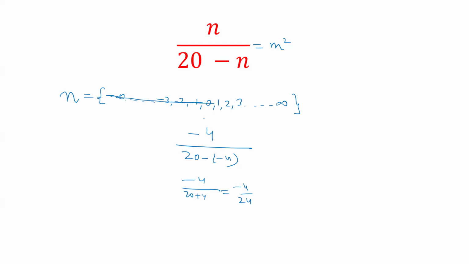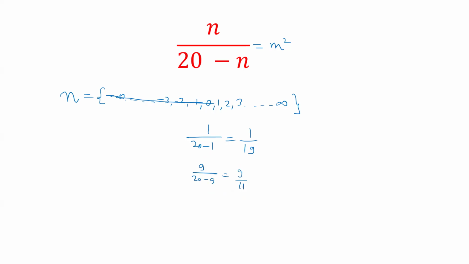Now we cannot take a negative number. We also cannot take 0, because 0 upon 20 minus 0 gives 0, which is not a perfect square of an integer. Now let's take 1. 1 upon 20 minus 1 is 1 upon 19, which is a fraction and not an integer. If I take 9 also, 20 minus 9 is 11, so 9 by 11, it will always be a fractional number less than 1.